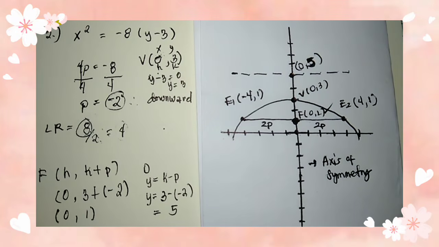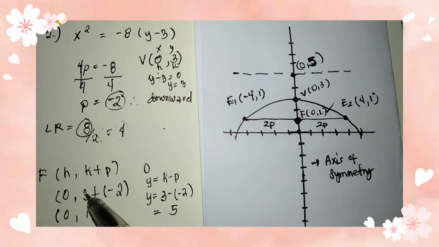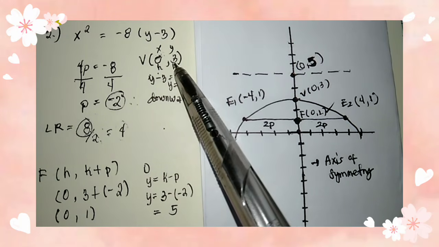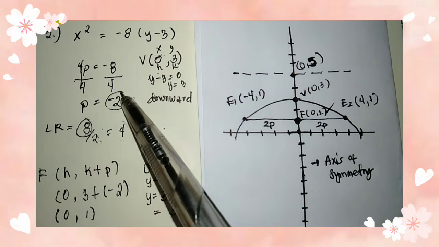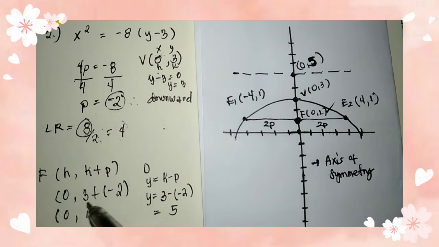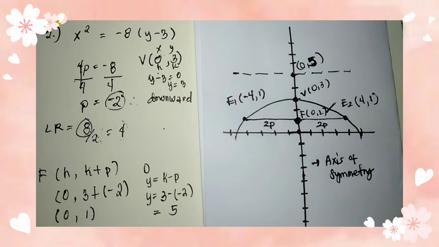Again, let's check it from the formula. The focus is (h, k + p). So we have 0, and our k is 3. So we have 3 plus negative 2, since our p is negative 2. So (0, 3 + (-2)) is (0, 1). So our focus is correct.